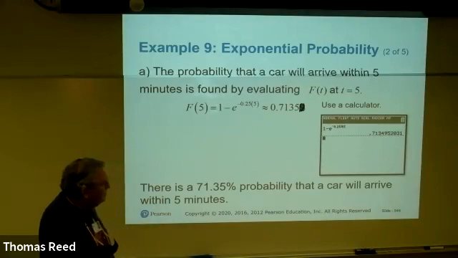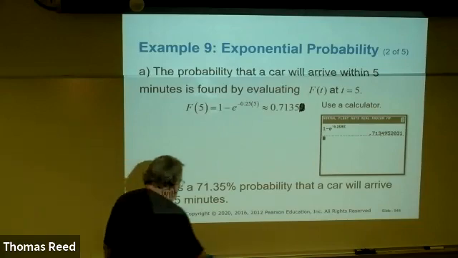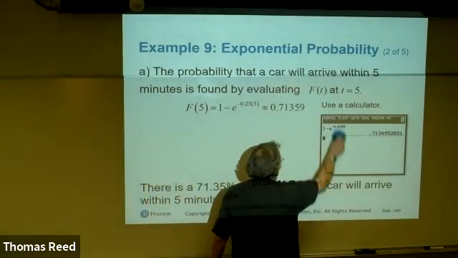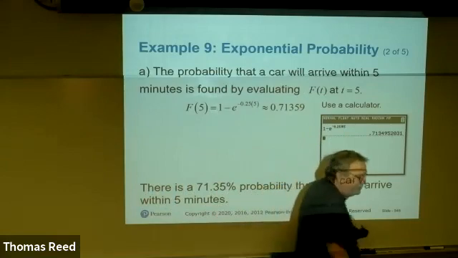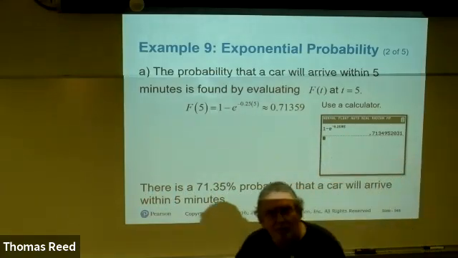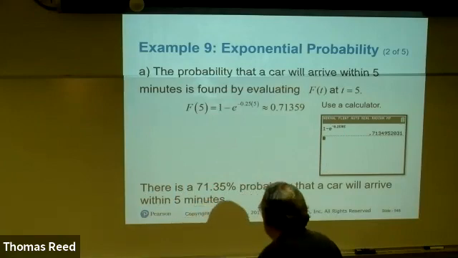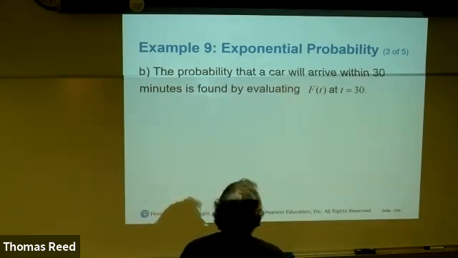So now we want to find out when T is 30 minutes. What's the probability that a car will show up within the first half hour of the 9 o'clock hour?